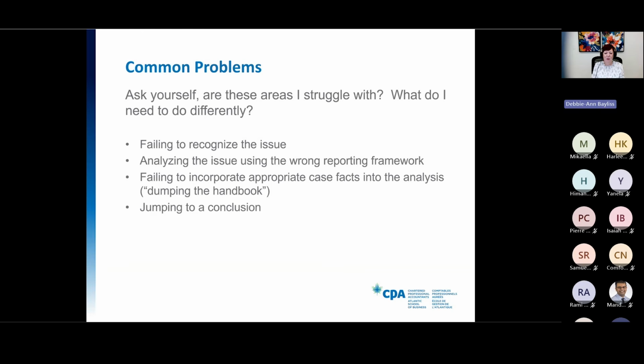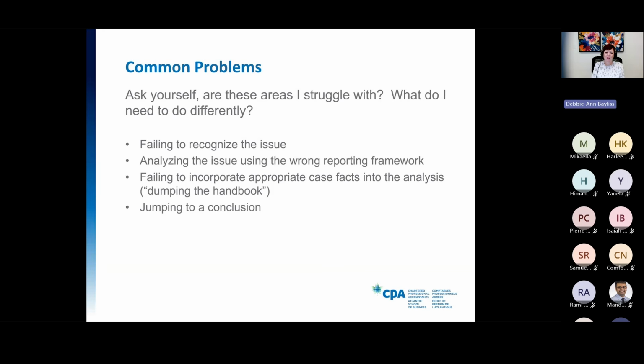The Board of Examiners have found that candidates fail to recognize the issue, or that they've analyzed the issue using the wrong reporting framework. Now, is this the result of a critical reading error, so you've completely missed the trigger? Or is it because of a technical deficiency?